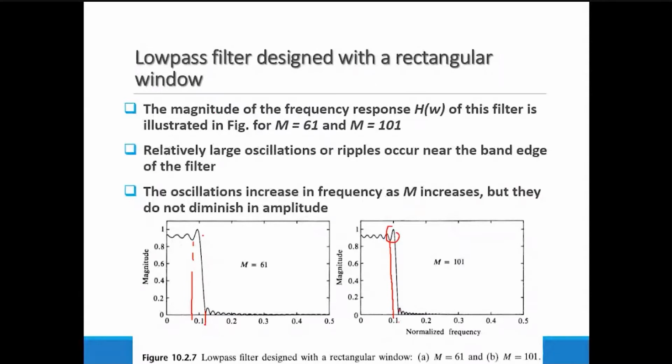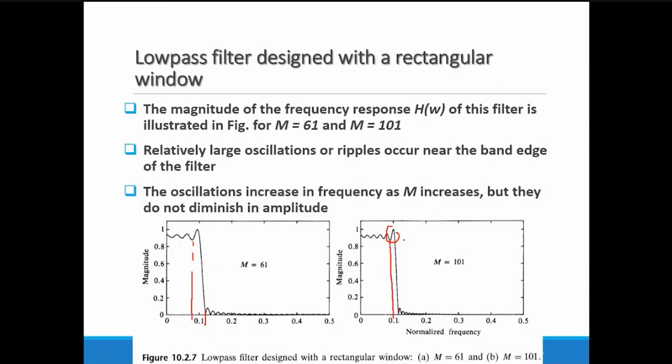Here less time is needed to settle. As the settling time is very low, the creation of ripples will be more. So this is the reason it is mentioned that the oscillation increases in frequency as M increases. As M increases, the advantage is that we get a sharp cutoff, but the one limitation is that more ripples will be there.